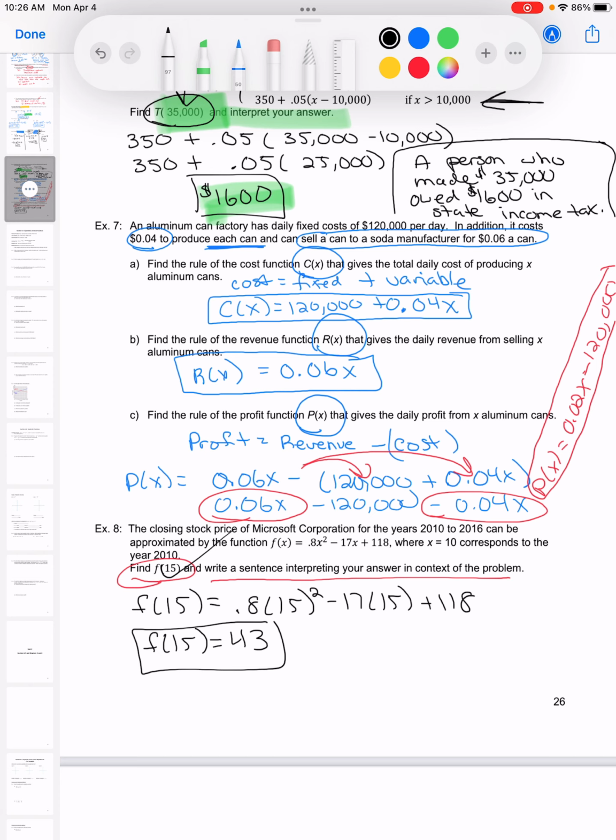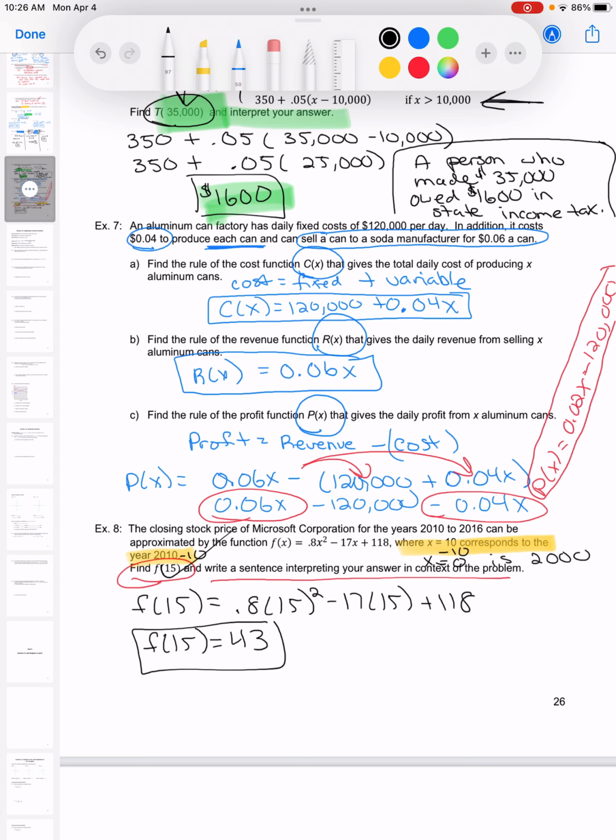So what does 15 mean? Well, coming up here, and I'll be honest, a lot of people don't like these with the years, x equals 10 means 2010. It's been a while since we did this. Remember, we need to get to x equals 0. So I'm going to subtract 10 from both sides. So x equals 0 is the year 2000.